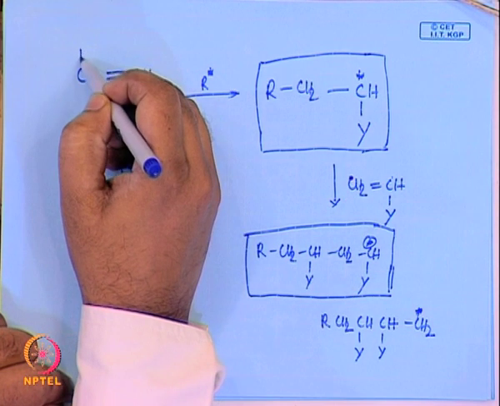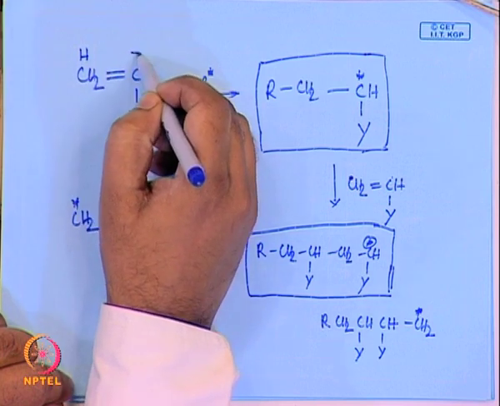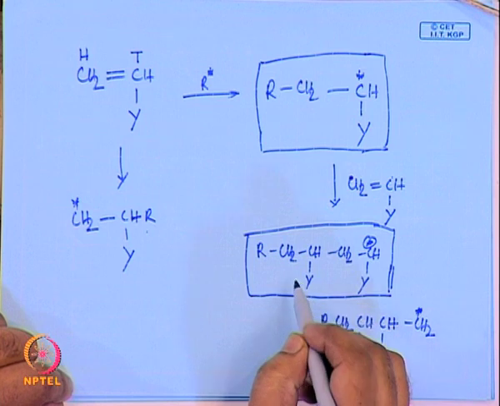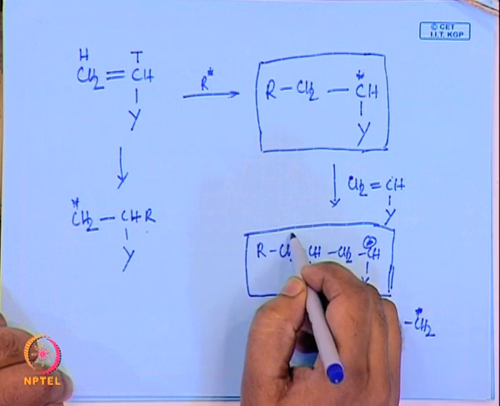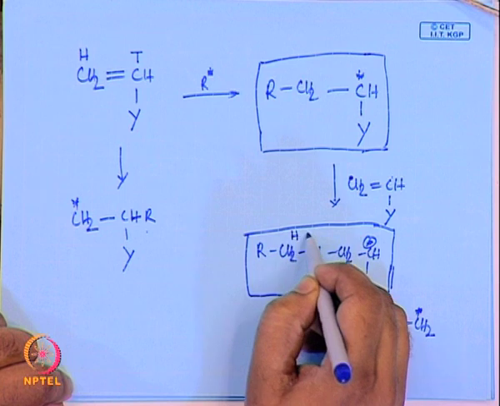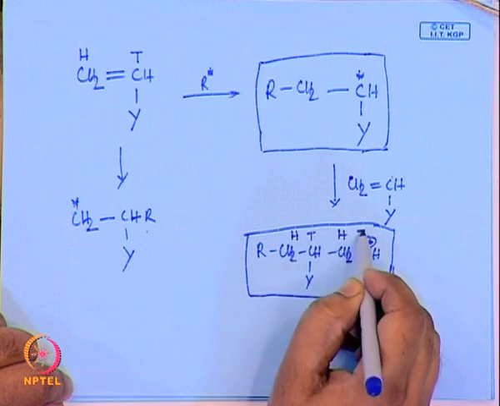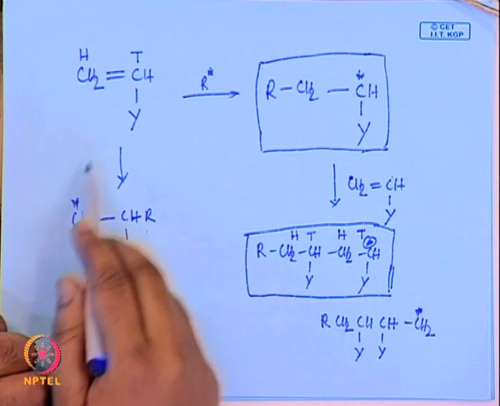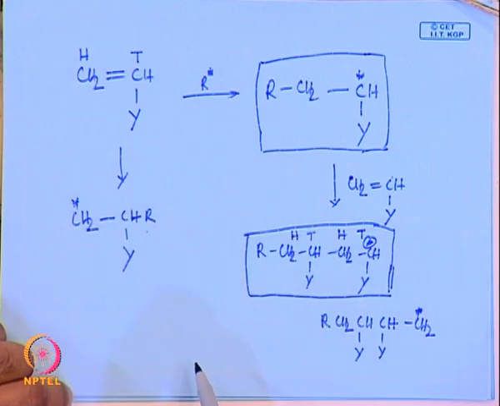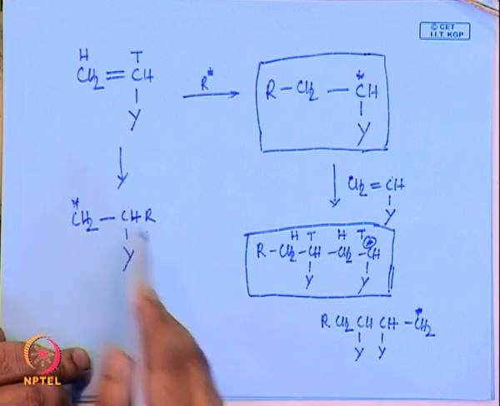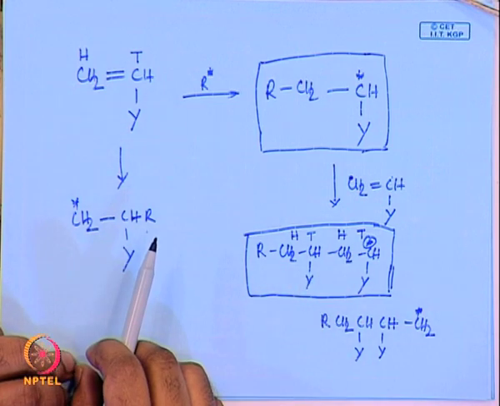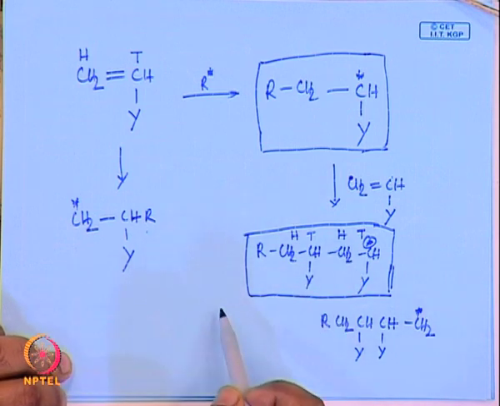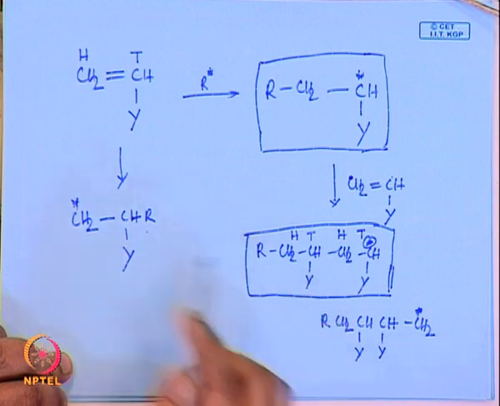So, if I write this side as head and this as tail, then finally we get a polymer which has a head-tail arrangement. So in chain polymerization, when the polymer is formed, you get a head-tail arrangement, not any of the others.